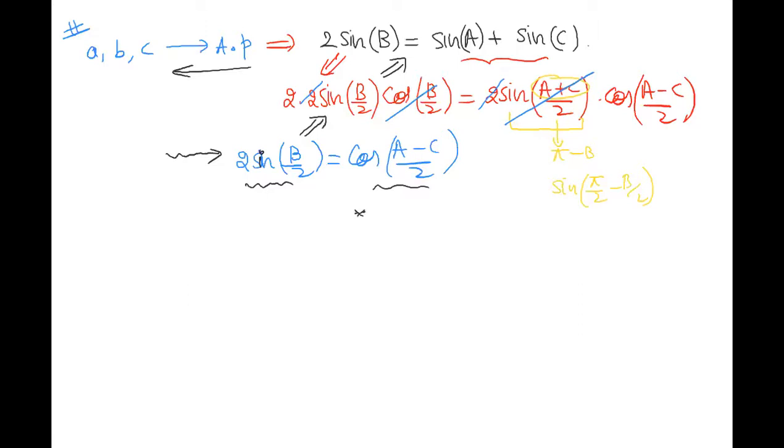Now next thing, we have already stated the sine rule. Now how to apply that sine rule? For that, two angles and one side are required to apply the sine rule.